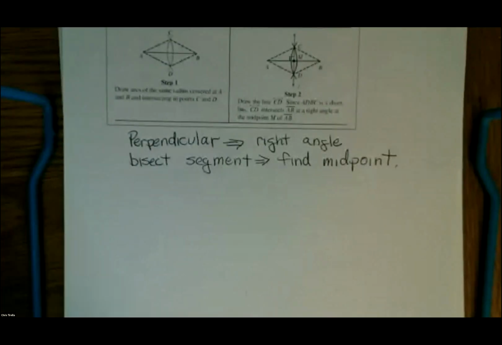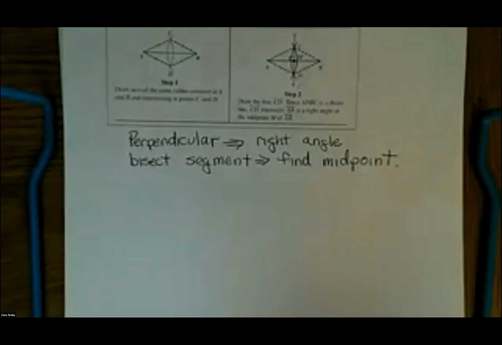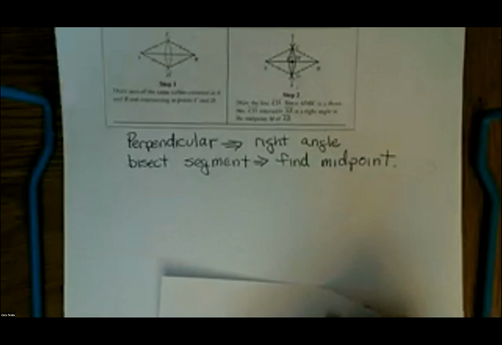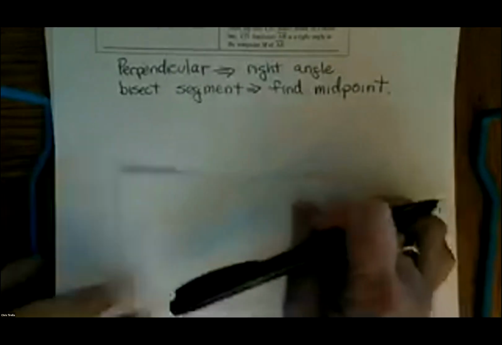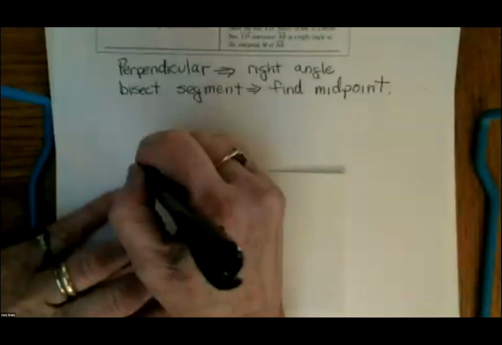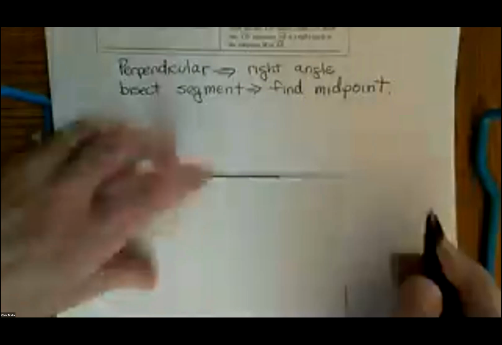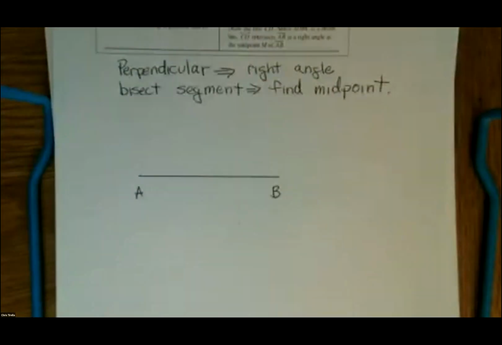In order to find the perpendicular bisector of the segment, the first thing that we have to do, let me use a straight edge, let me use my index card, is draw a segment. So I'm going to draw a segment over here. I'm going to call it AB.